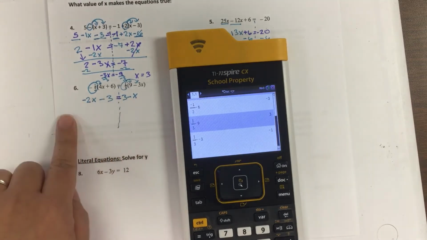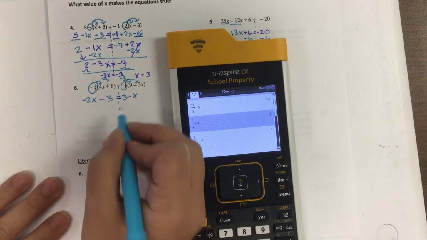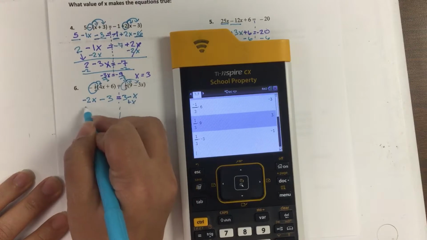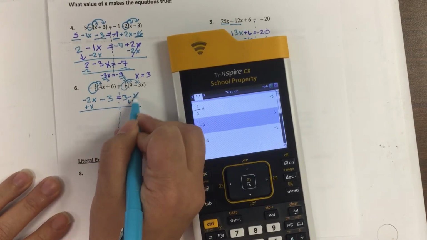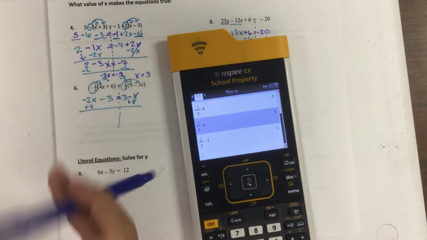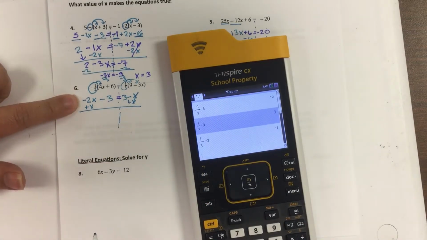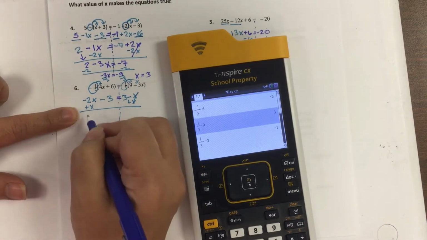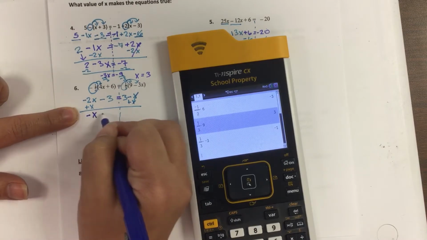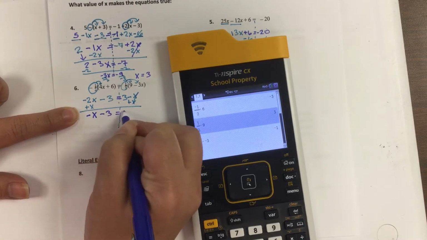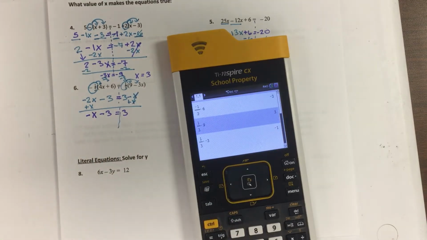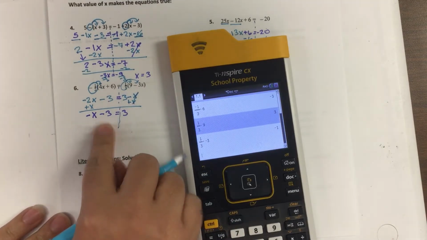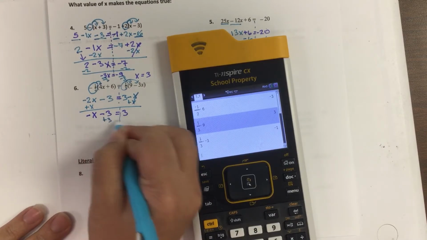I still want to get my variables both on the left side. So I'm going to go ahead and add x to both sides. Now on the left, my negative x and positive x cancel out. But over here they don't. So negative 2x plus 1x is a negative 1x, or negative x, minus 3 equals 3. And these are canceled out. Add 3 to both sides.